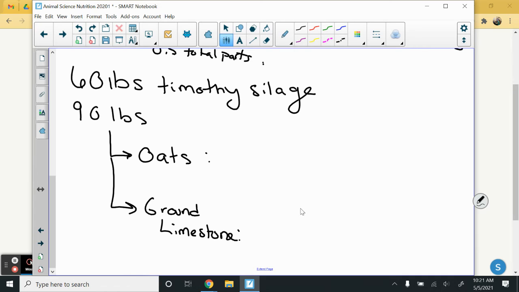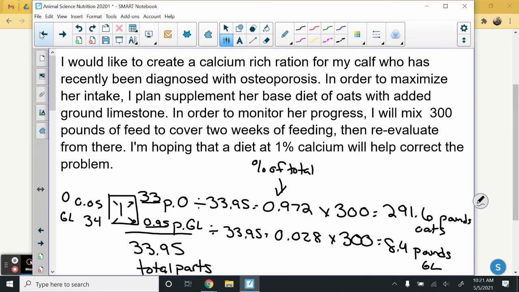To figure out how much I need of each, I'm actually going to go back to my first problem. When we did the first problem, I told you that those percents were how much of the total weight, no matter what that weight was.